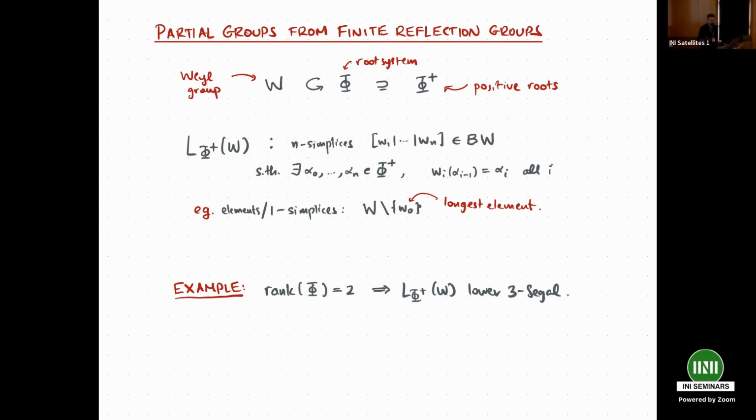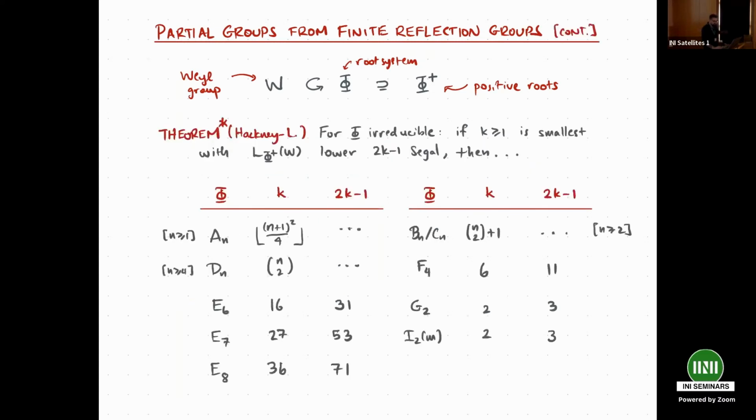In rank 2 you can probably check directly that this is lower 3 Segal, but in fact the way I think about this is in a framework to also talk about higher Segality of any partial group of this type.